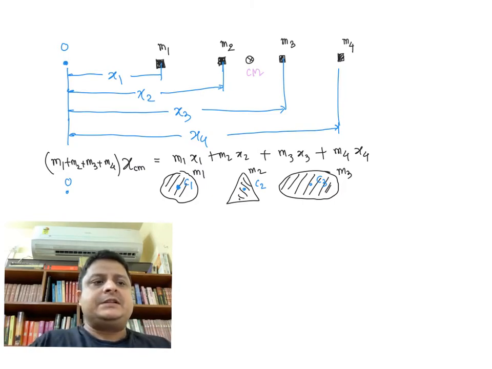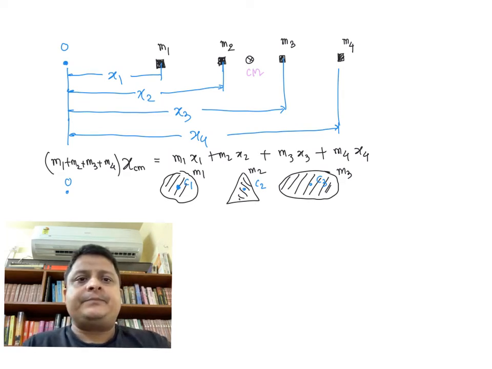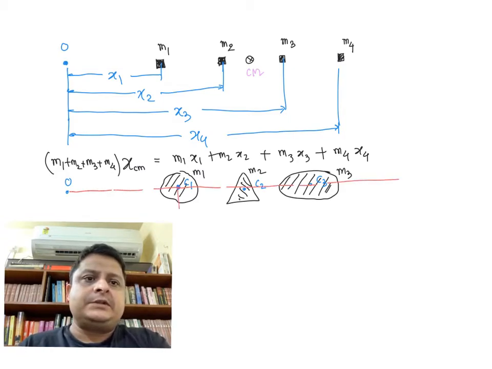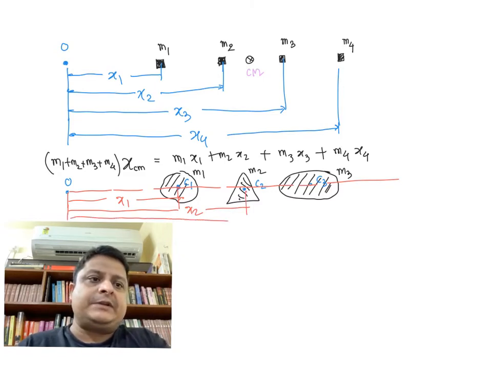C1 is the center of mass of the body of mass M1, C2 the center of mass of the body of mass M2, and similarly C3 is the center of mass of the body of mass M3. With respect to this coordinate system, they have coordinates x1, x2 and x3 for their respective centers of mass.